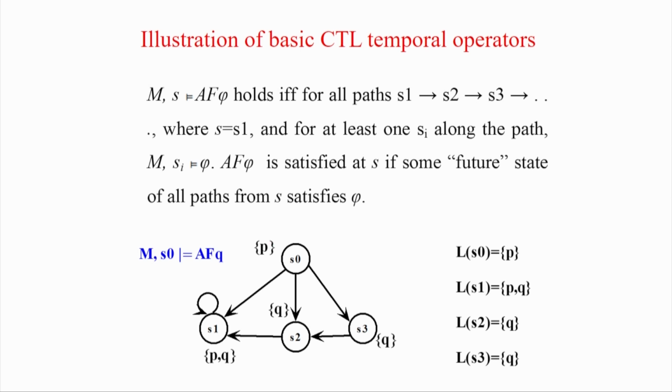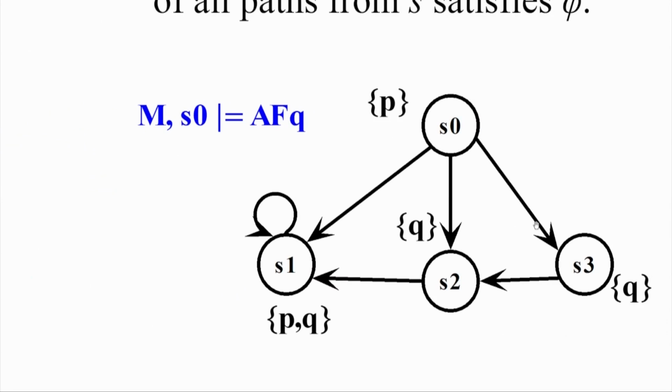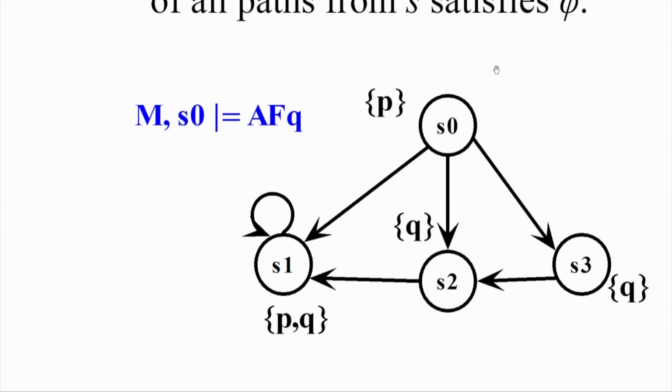So if I make it as right, you can see here that it says that in all paths in future Q is true. So here Q is false, but if you take a path here, in future Q is going to be true. In this path again Q is going to be true in future. Again in another path you take, Q is going to be true in future.